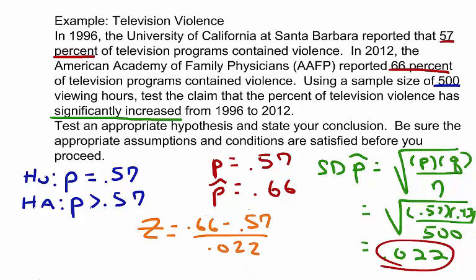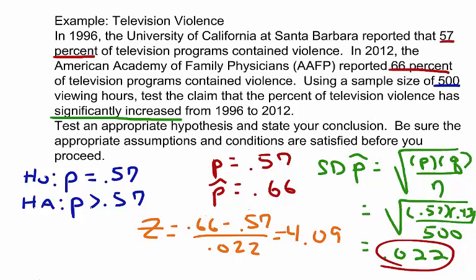Plugging in our values, we have 0.66 minus 0.57 divided by 0.022. Our result is 4.09. In other words, just a little bit more than 4 standard deviations above our population proportion.